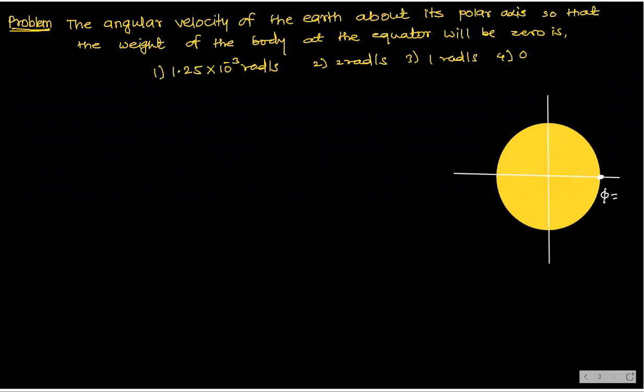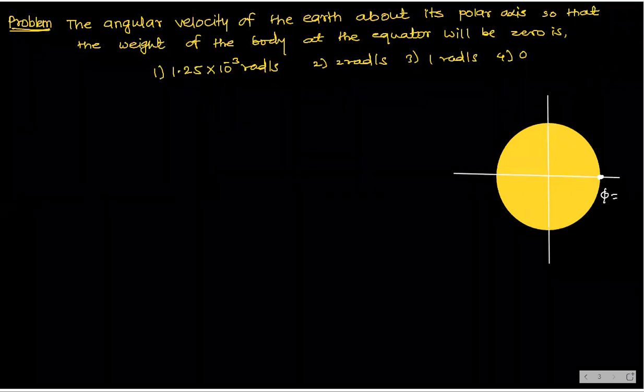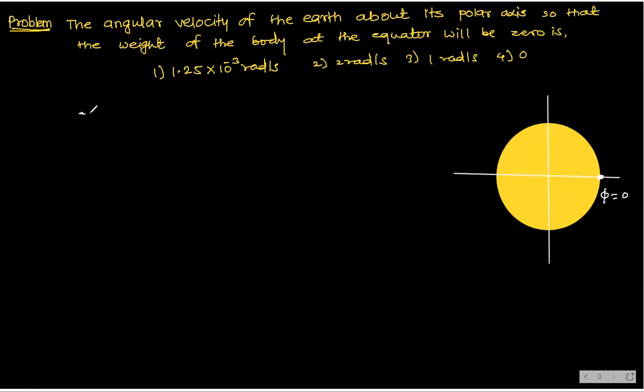Phi angle? 0. So first of all, you should find out g phi. So g phi is equal to g minus R omega square cos square 0. So how much you will get? g minus R omega square.